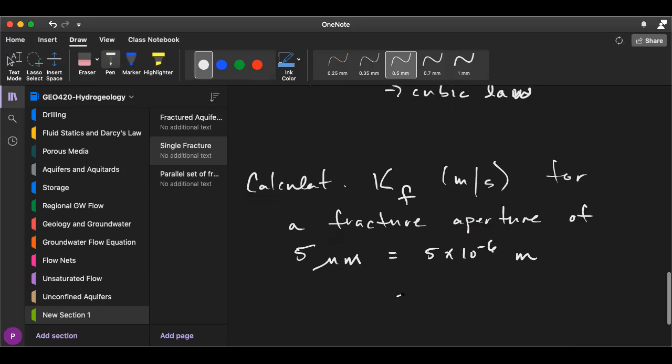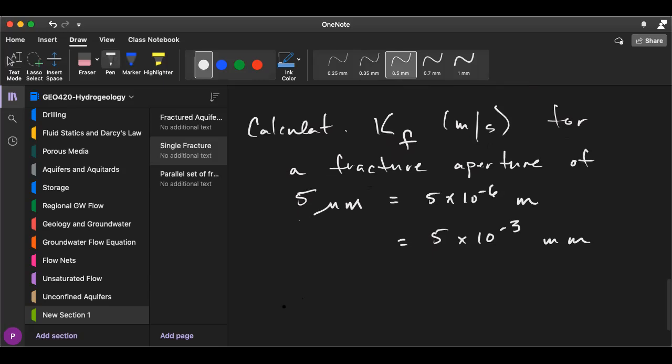And just to give you a sense of scale, this is 5 times 10 to the minus third millimeters. This is tiny. I think a human hair is like 100 micrometers, if you have thin hair, right? Okay.